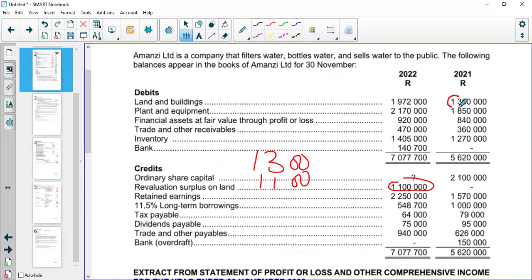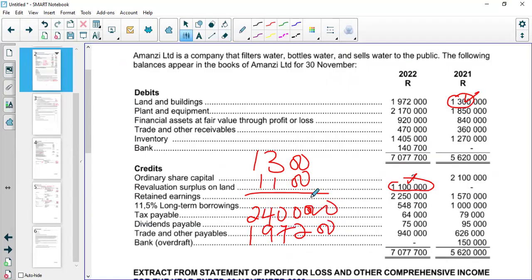So we should be at 2,400, right? That should be our balance. If we start at 1.3 and add 1.1, we should have 2,400. But now our balance is only 1,972, right?